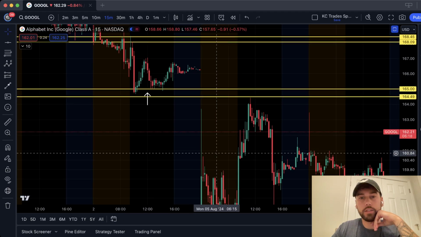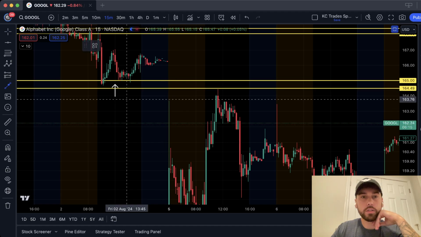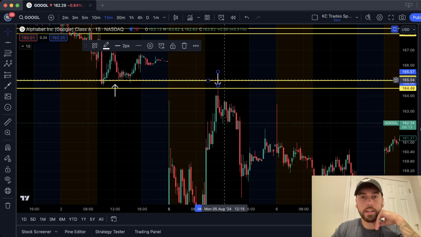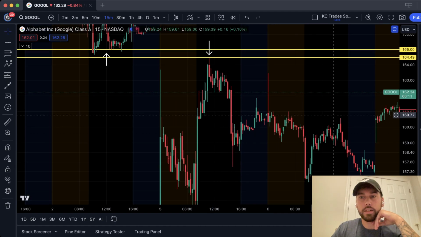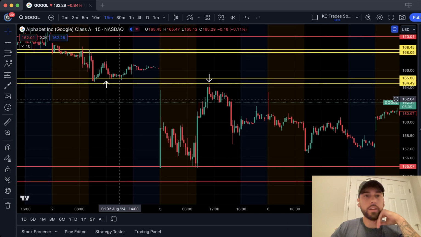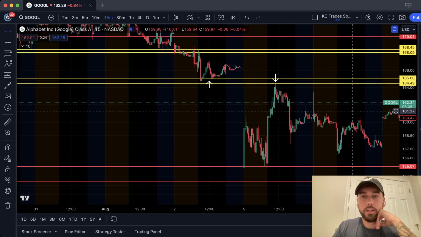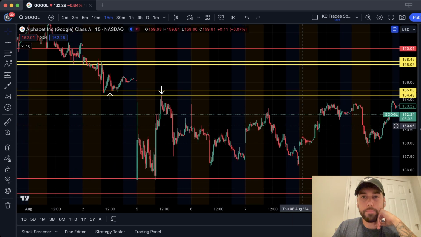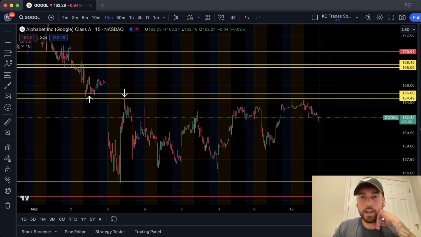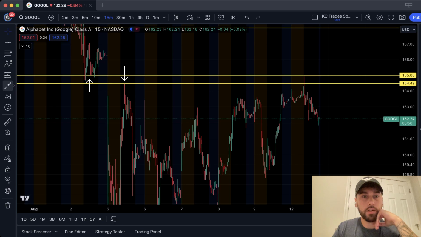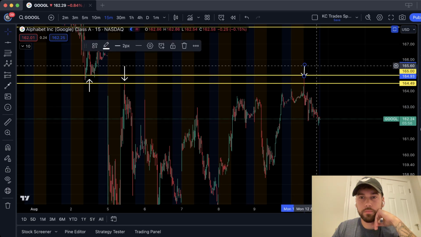And then it had a huge gap to the downside. And you'll notice when it did the SR flip and it got retested, look what happened, a huge move to the downside. Ever since then, again, this is Friday, August 2nd, and then this is Monday, August 5th. This is the first time Google has retested this area again.